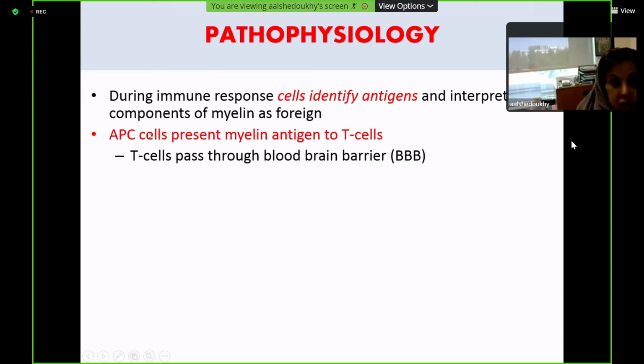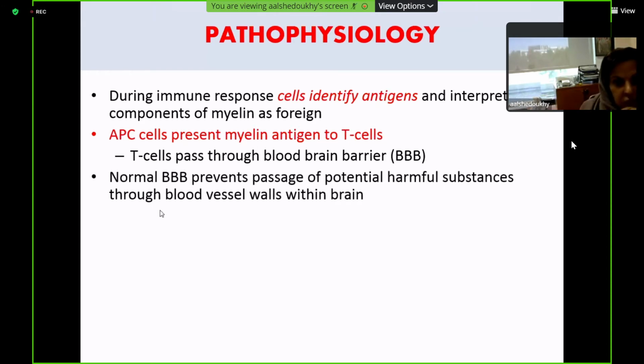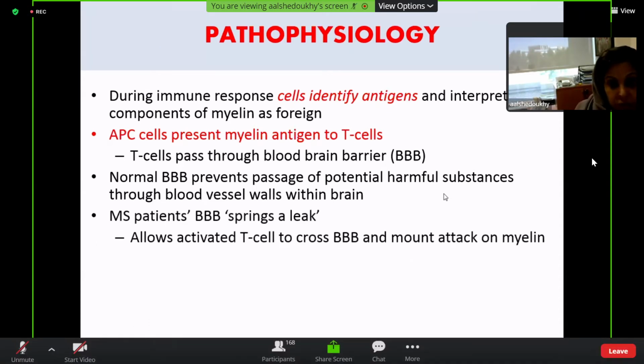This antigen-presenting cell will present the myelin antigen to the T cells as foreign. These T cells have the power to invade the blood-brain barrier. And we know from our study that the blood-brain barrier is an important membrane. It prevents the passage of potentially harmful substances from the blood into the brain. So the brain is a precious organ, protected and sealed.